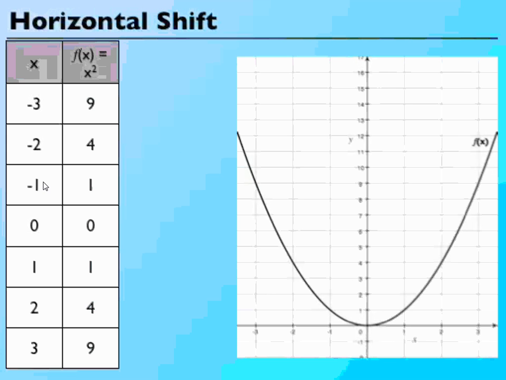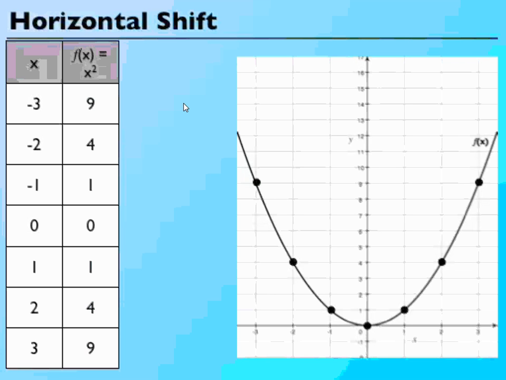And when we square the negative values, we get the same thing as when we square the positive values. Now also, we should go ahead and plot these points on our graph. So -3, 9: -3 as an input value with 9 as an output value. -2, 4: -2 as an input value with 4 as an output value. Okay, because these points are going to help us move on to the other functions.